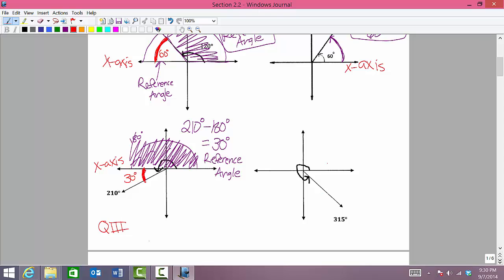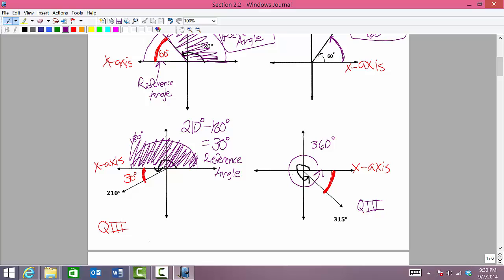Let's say that my angle is in quadrant 4. Our terminal side lays in quadrant 4. Okay, once again, I would like to find the angle that is formed between the x-axis and the terminal side. So the nearest x-axis and the terminal side. What would that angle be? Well, when we look at our angle, we see that we are just shy of a complete rotation. If I go all the way around, a complete rotation, of course, will be 360 degrees.